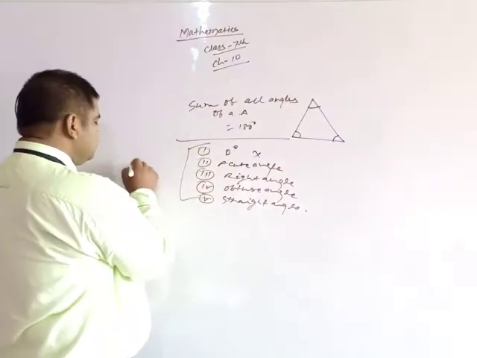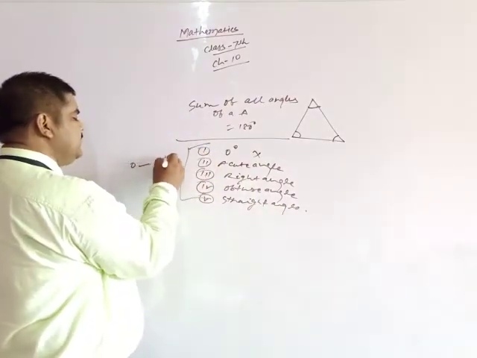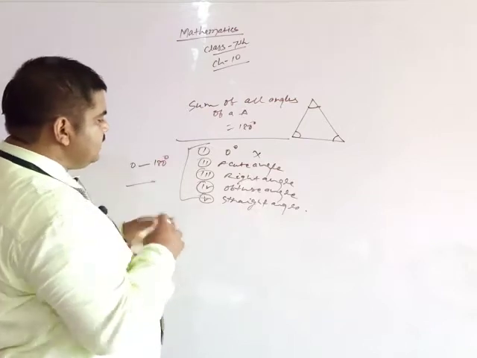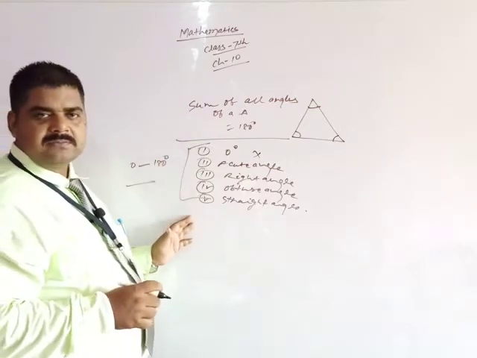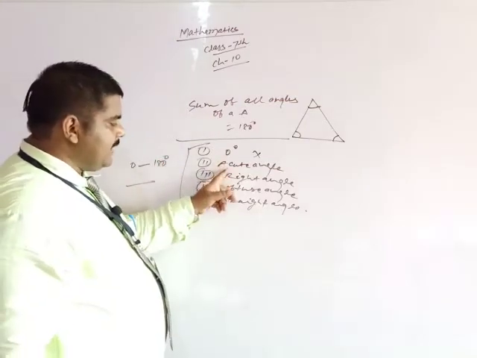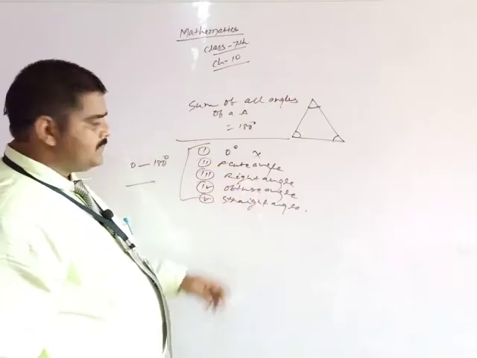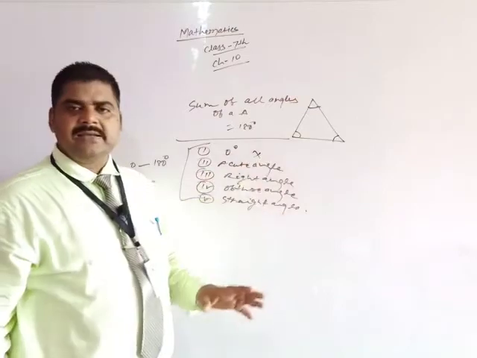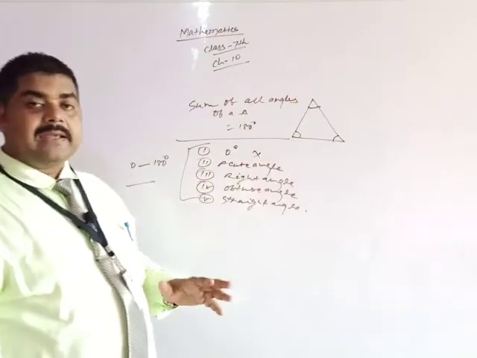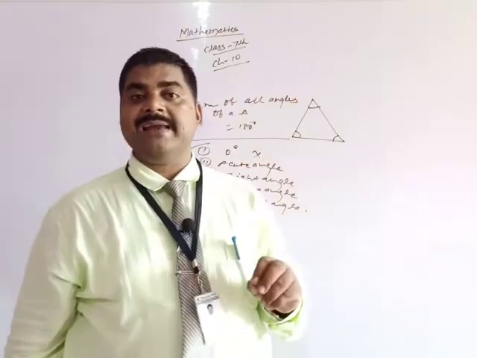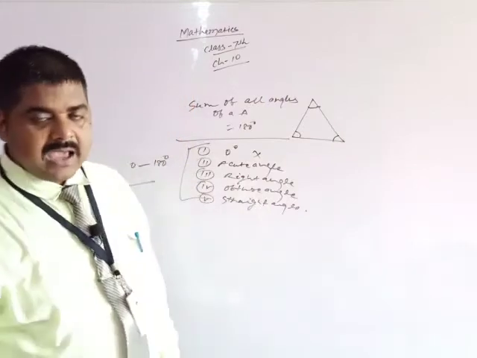Actually, from 0 to 180 degrees, only these 5 possibilities exist: 0 degrees, acute angle, right angle, obtuse angle, and straight angle. 0 degrees cannot be possible because a triangle is a closed figure, and any figure whose angle is 0 degrees cannot be a closed figure.